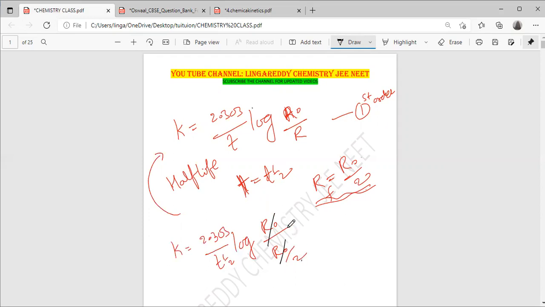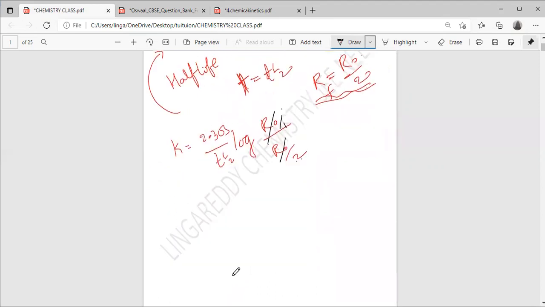So this 2 will go up, because 1 upon r naught by 2, a by b into d by c. So what it will be, K equals 2.303 by t of half log 2. This term is as it is. Here r naught gets cancelled, the 2 is going up, so log 2. Is it okay?